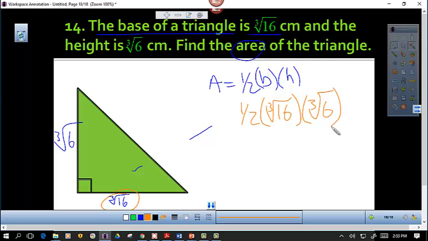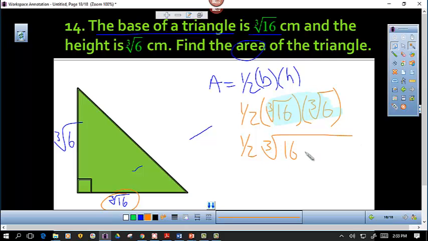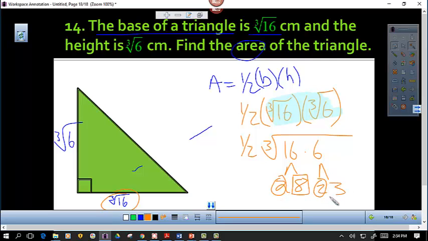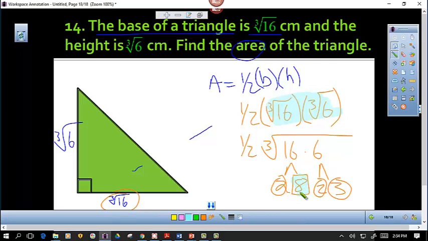Remember, this part here can be consolidated into one cube root, and then we have 16 times 6. You break this down and look for those cube groups of 3. What I see is I have 2 and 8, and I'm going to stop there because that's a perfect cube, and I have a 2 and a 3. We don't have another group of 3, but this one here is a perfect cube, so it's going to come out.